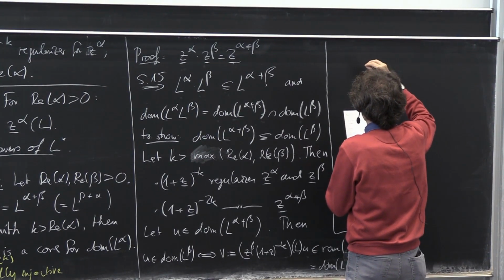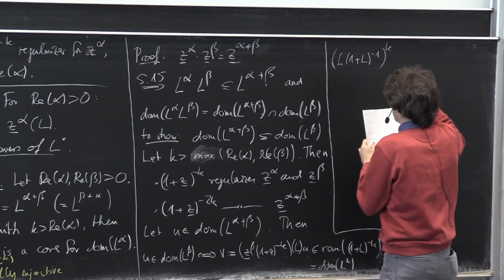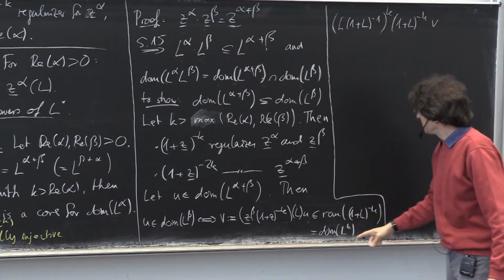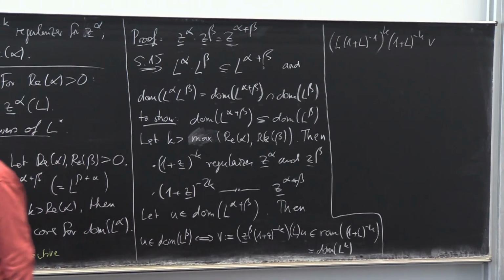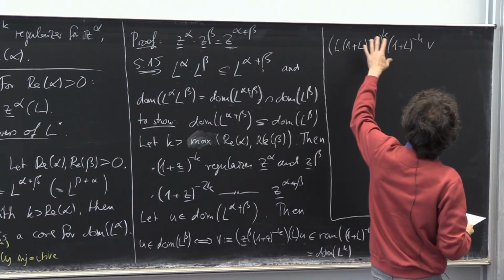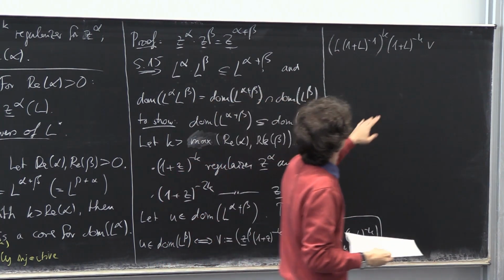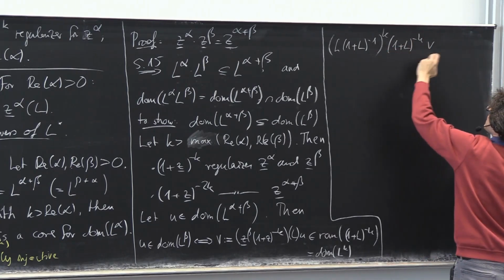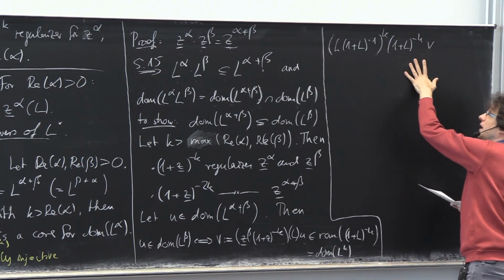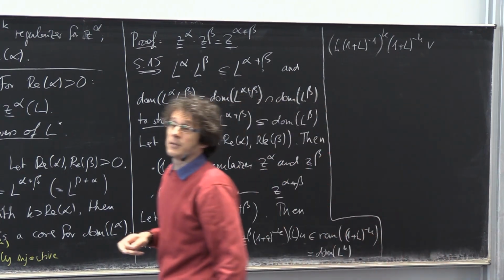So what we look at is we take L times 1 plus L to the minus 1 to the power k, so 1 plus L to the minus k, applied to V. I want to show that V is in this domain, so it is not immediately clear why this should help me, but you can see this as a regularized version of V. If everything goes right, this is in the domain of L to the 2k, and this is a bounded operator that I hope will not destroy things, so this will be nice enough to make the alpha plus beta power appear.